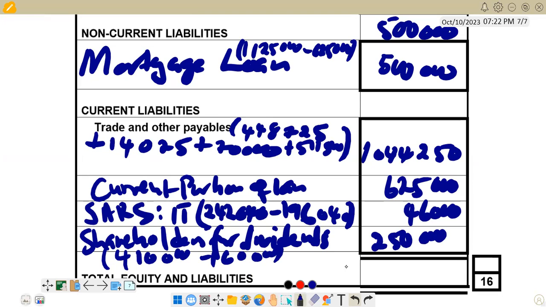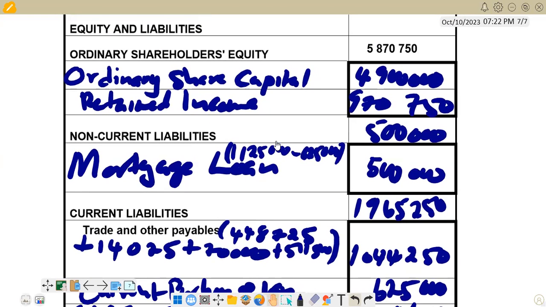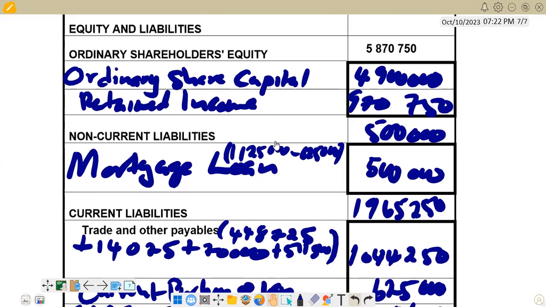Right. Now we add the total for the current liabilities. So add this one plus this one plus this one plus this one. You get 1,965,250. Then obviously we are now adding the figures for the shareholders' equity, which is 5,870,750.